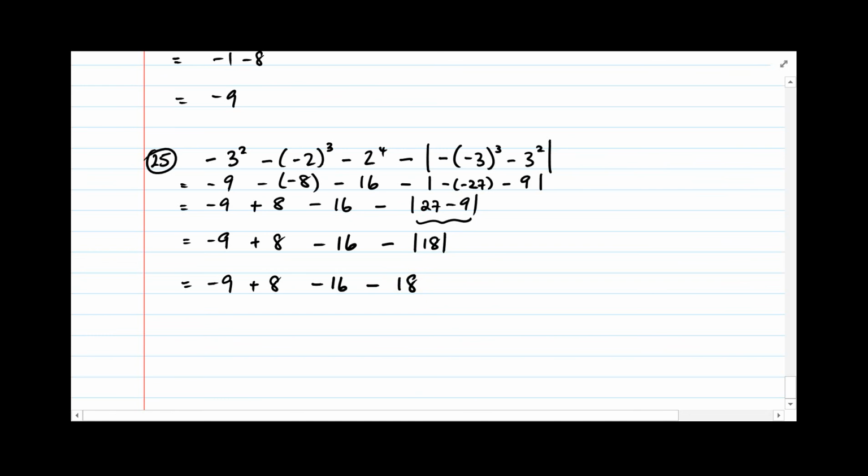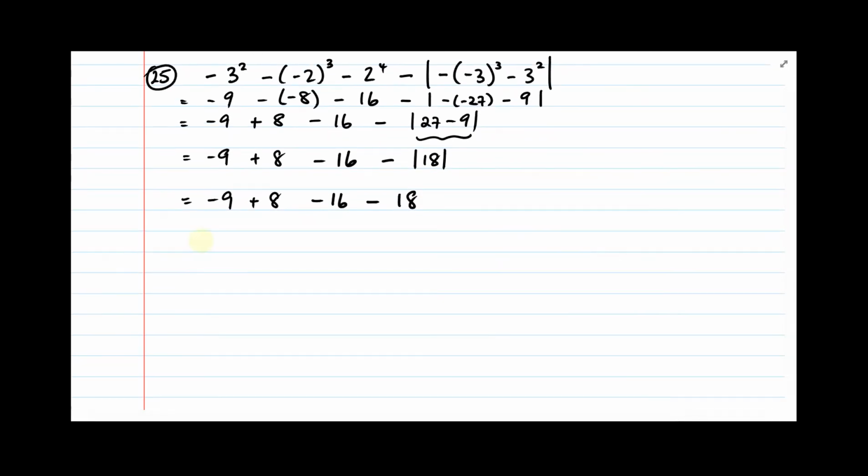Okay. Alright, and what do we have? We have combining negative 1. So negative 17, negative 17, and 18, that's negative 35. Right? Okay.